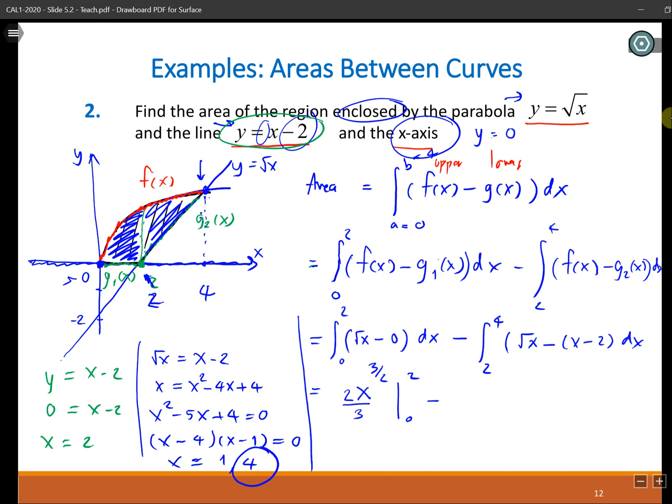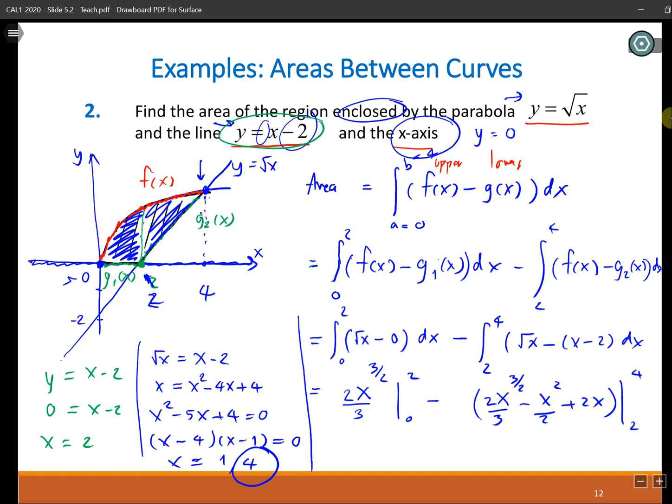Square root of x, this becomes x to the power of 3 over 2, same as what we got before, 2 over 3. Minus x becomes minus x squared over 2. Plus 2 becomes plus 2x. And we evaluate this at two values, 2 and 4.